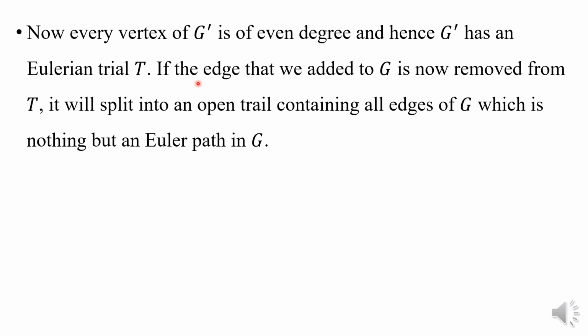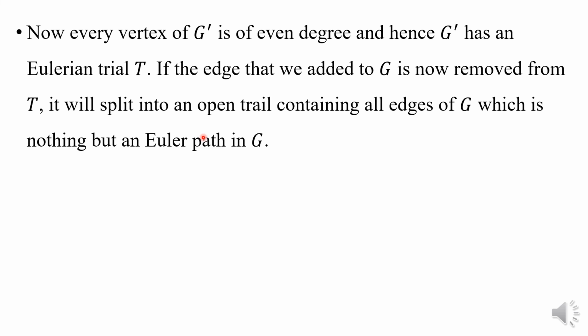Then G dash has an Eulerian trail T. Now I am going to remove the edge that we added to G. Starting, I had added the edge, now I am removing it. Already I have a closed trail T, and if I remove that edge, it will become open.